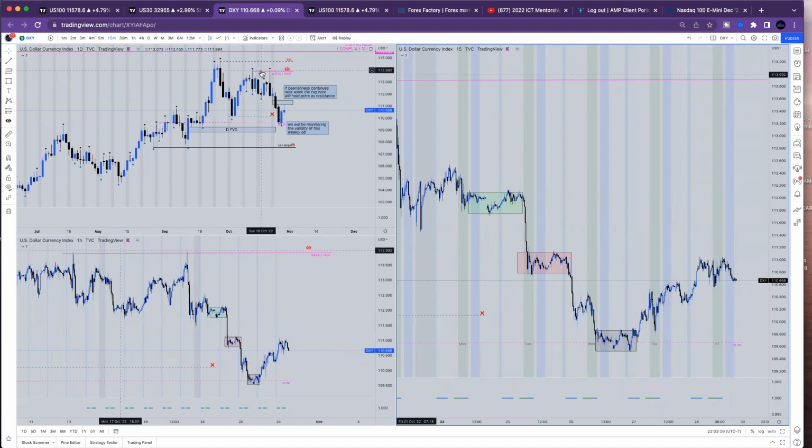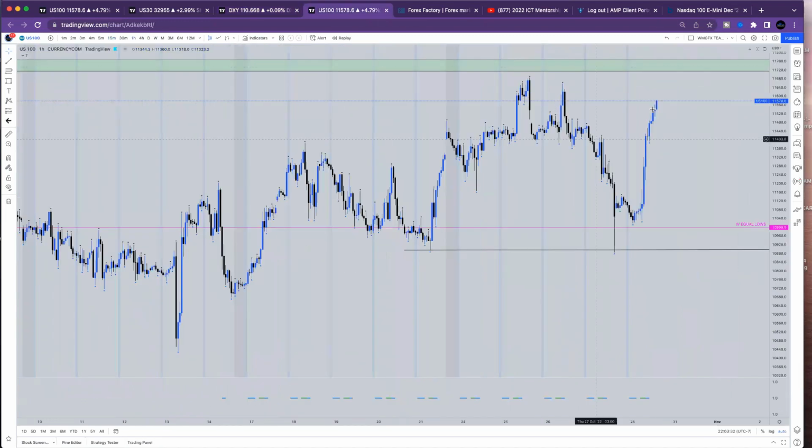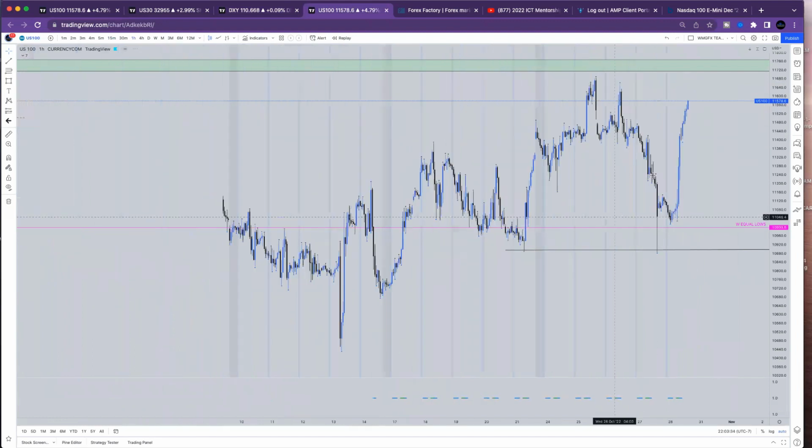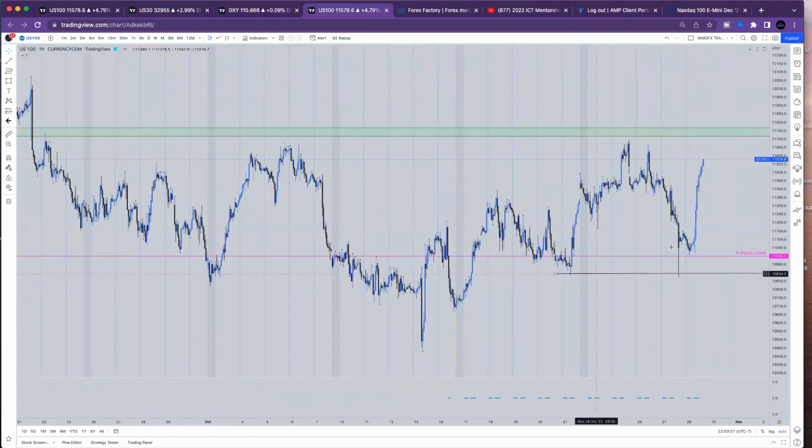And we also have longer-term targets as well, and then we also have NASDAQ targets. We have these equal lows here after this run on these buy stops, because there's a lot of buy stops up there.